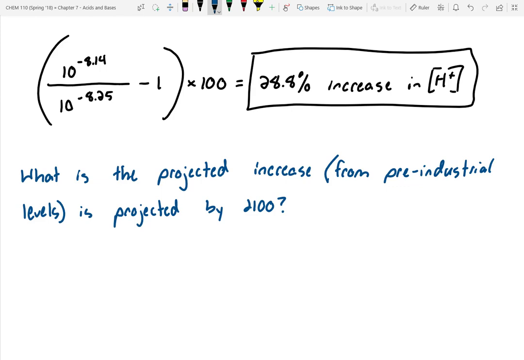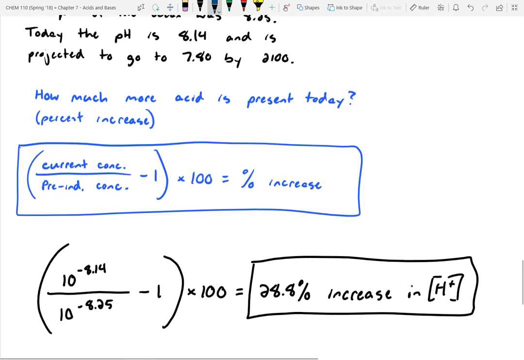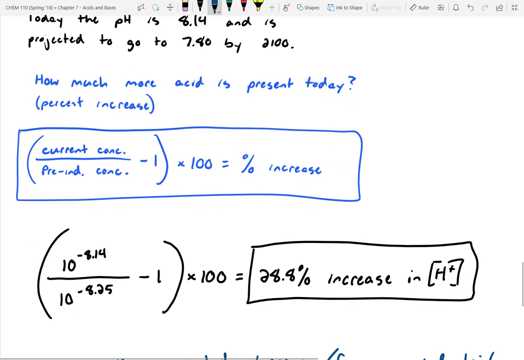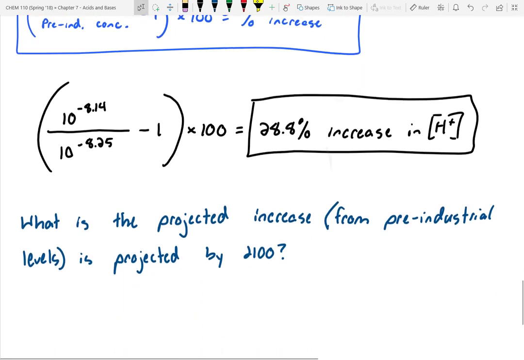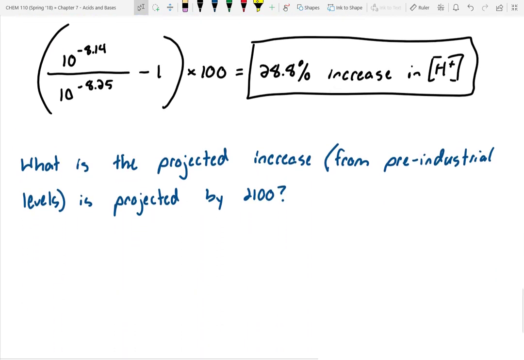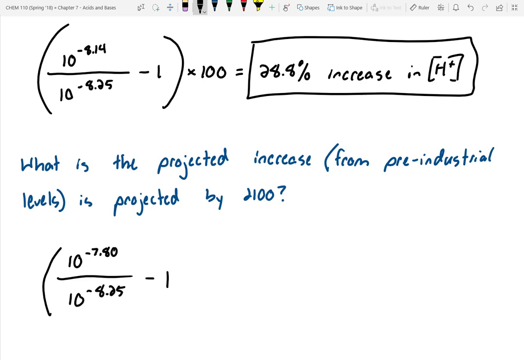What's that? Yeah. So I said that the projected pH by 2100 is supposed to be 7.8. Let's try this again with the calculator. We can plug it in pretty similarly. Say 10 to the negative 7.80 divided by 10 to the negative 8.25 minus 1 times 100.